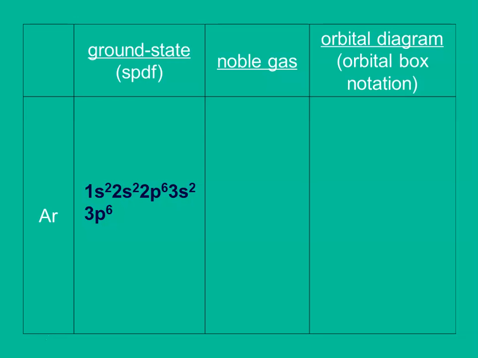And so in argon's case, our noble gas would be neon. And then we would continue. Neon has 10 electrons. We need to place 8 more, and those 8 would be the final part of argon's configuration, that highest occupied energy level, which was 3. So the electrons in 3s and the electrons in 3p.